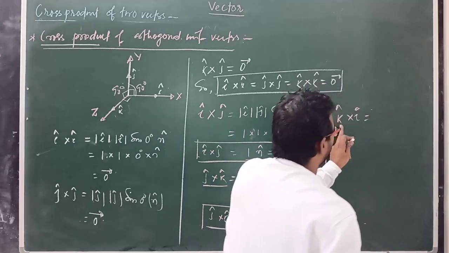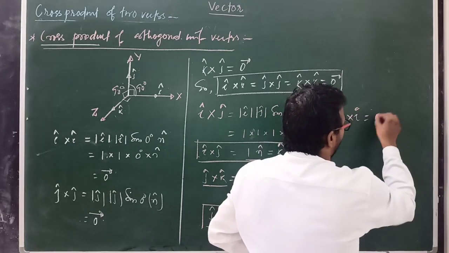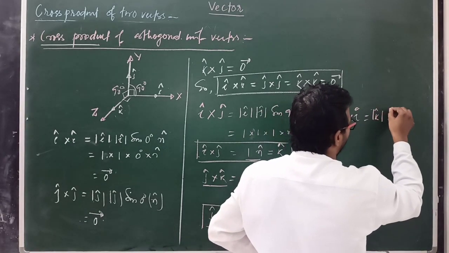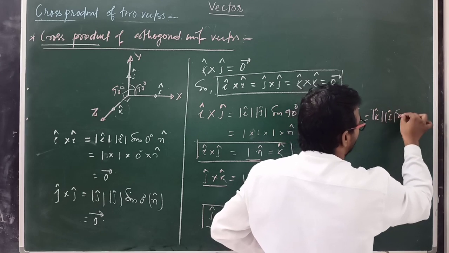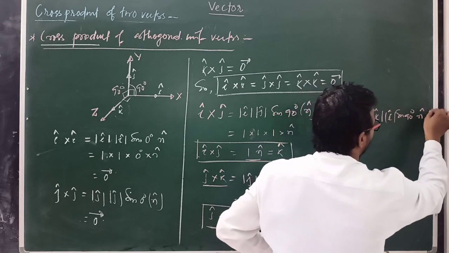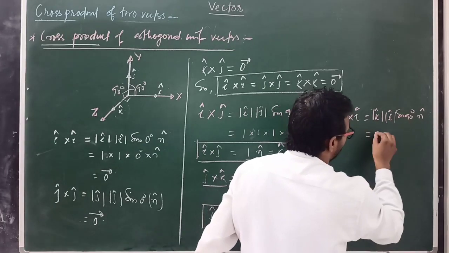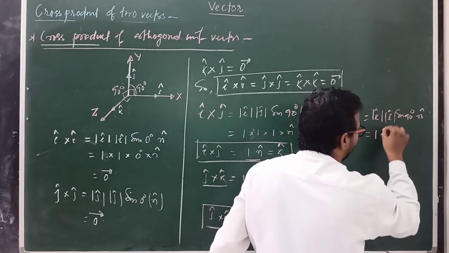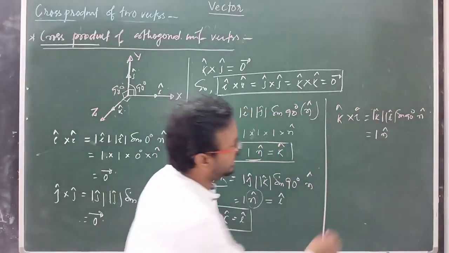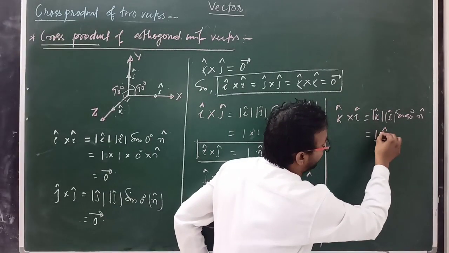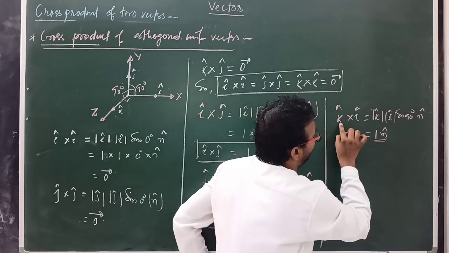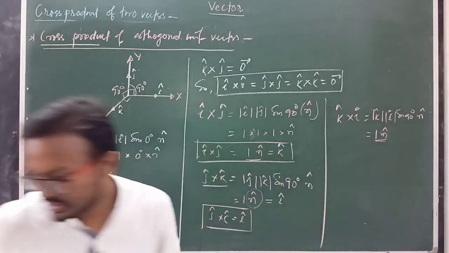How much is k cross i cap? Same thing: magnitude of k, magnitude of i, into sine 90, into a unit vector, but the magnitude of a unit vector is always 1 and sine 90 is also 1, so you can write 1 into n cap. So find the new vector whose magnitude is 1 and direction is perpendicular to the plane containing k cap cross i cap.